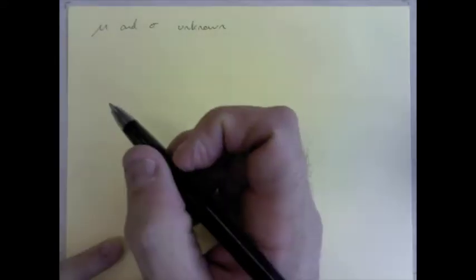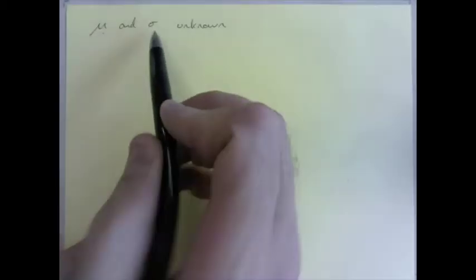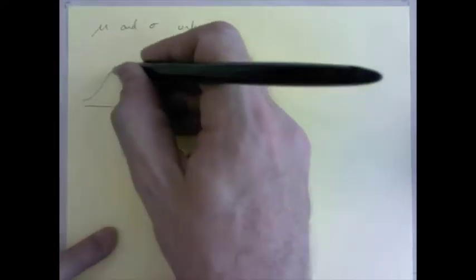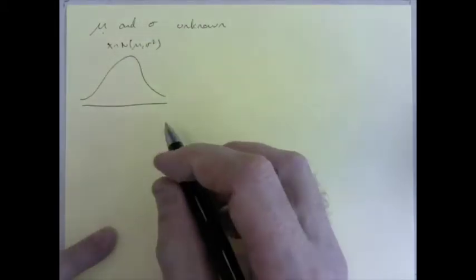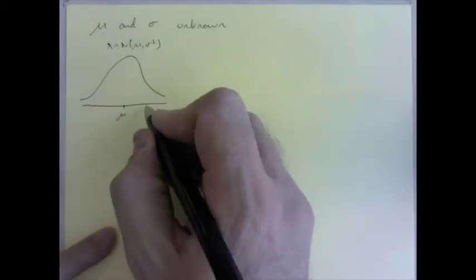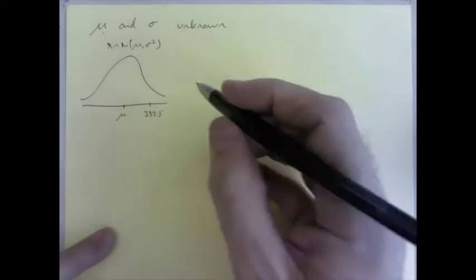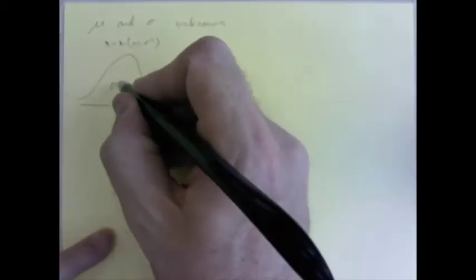Now, it's also a common question for you to be in a situation where both the mean and the standard deviation are unknown. So let's just take an overview of how this might work. If I've got x is normal, mu and sigma squared are unknown, let's continue as from the other one, 333.5. And remember I told you that the area there was 0.65.